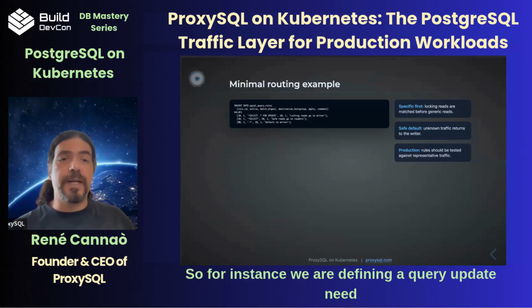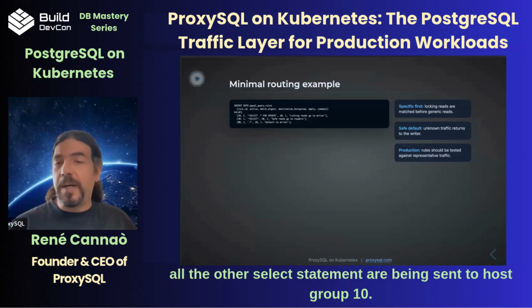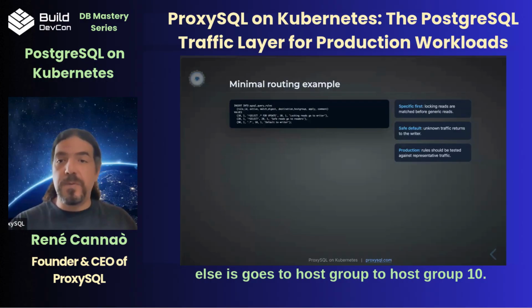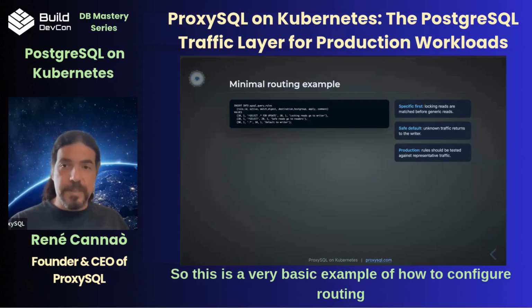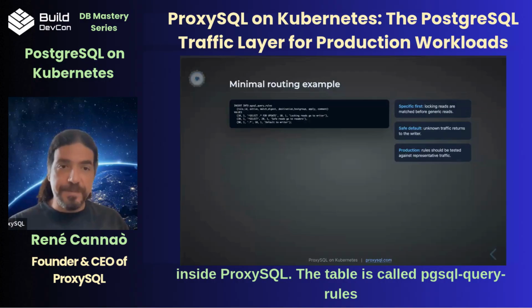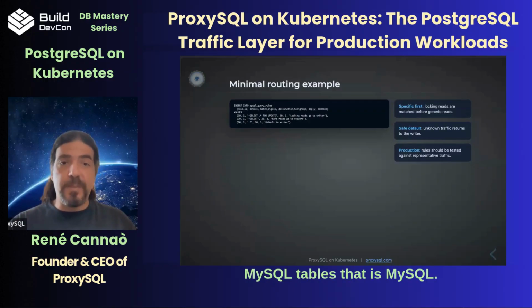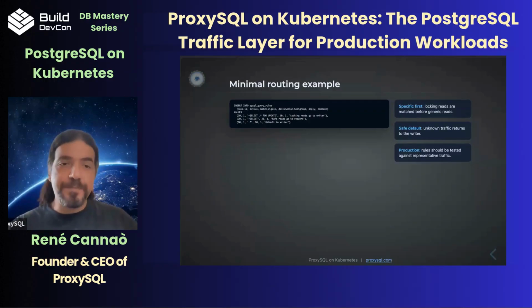For instance, we are defining that all the select for update need to be sent to host group 10, while all the other select statements are being sent to host group 10. And then we create yet another rule that says everything else goes to host group 10. So this is a very basic example of how to configure routing inside ProxySQL. The table is called PGSQL query rules. That mimics also the counterpart MySQL table, which is MySQL query rules.